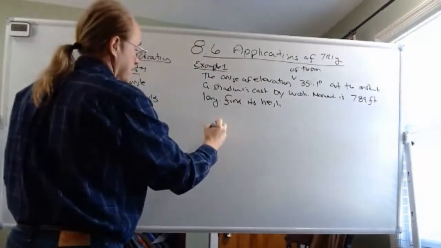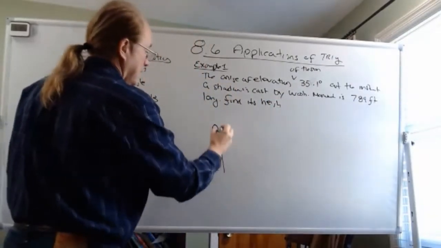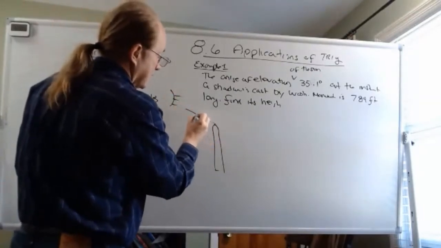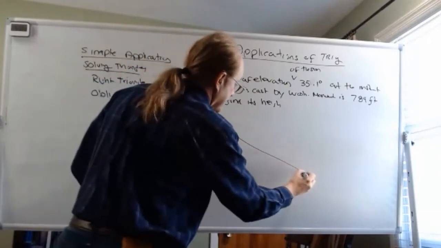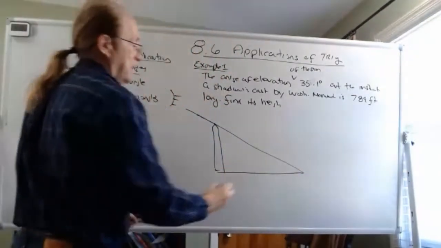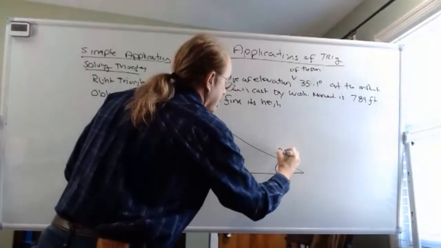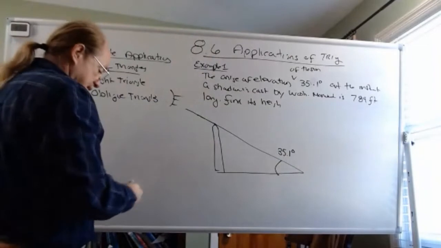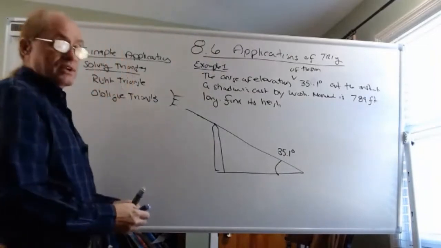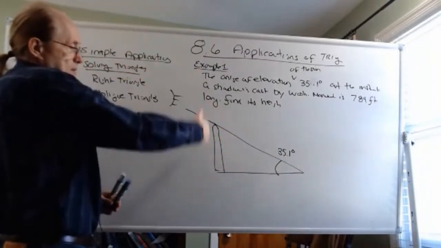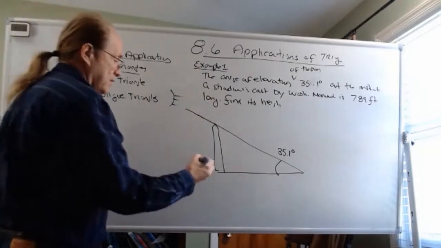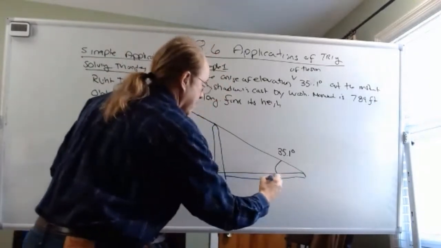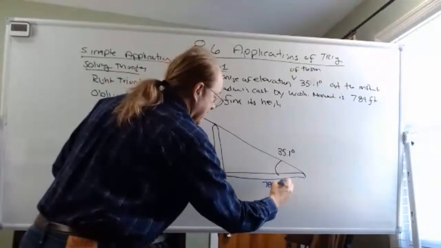So what we have over here is the Washington Monument, and here's the sun over here, casting a shadow. This angle here is 35.1 degrees. You can't get up and measure the height directly, but you can measure this distance where the shadow ends, and that's 789 feet long.